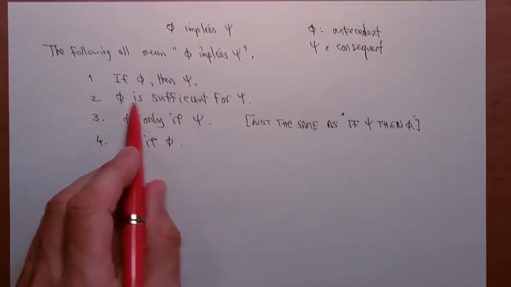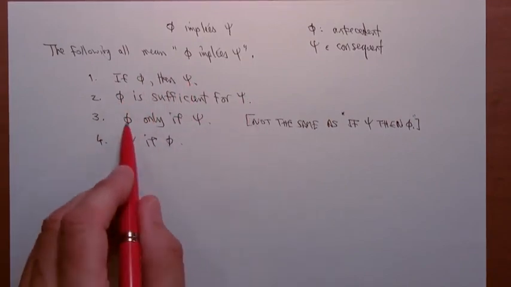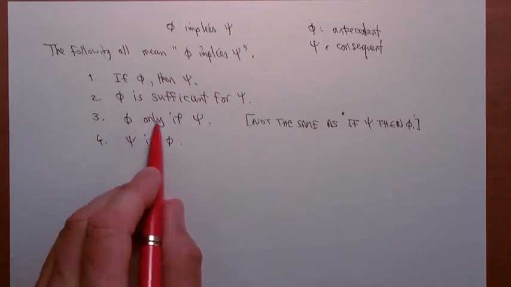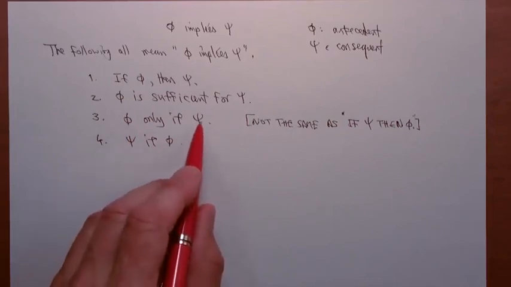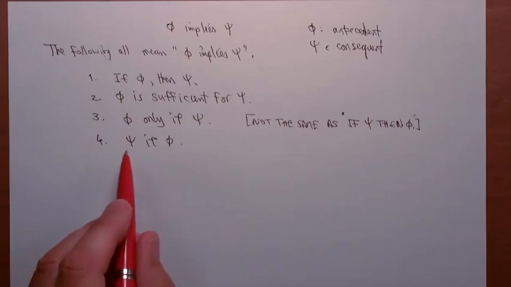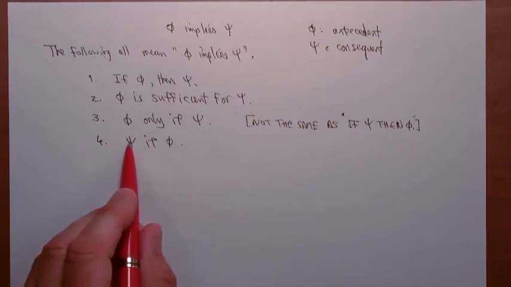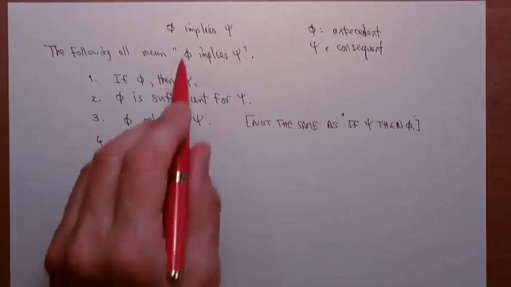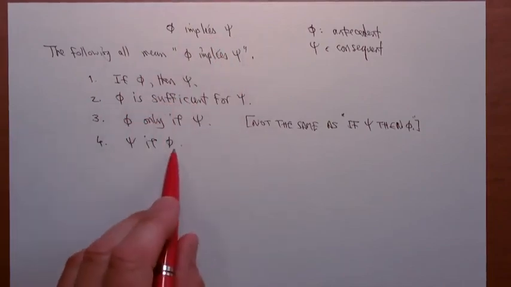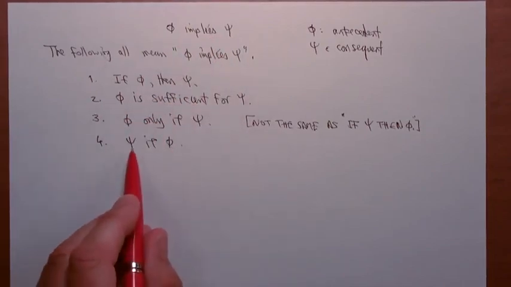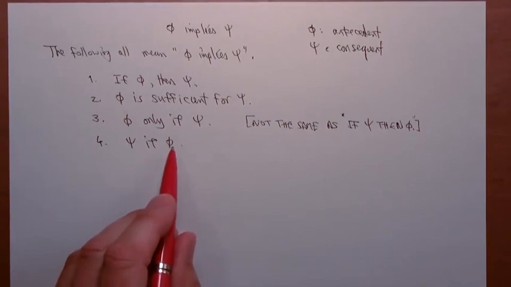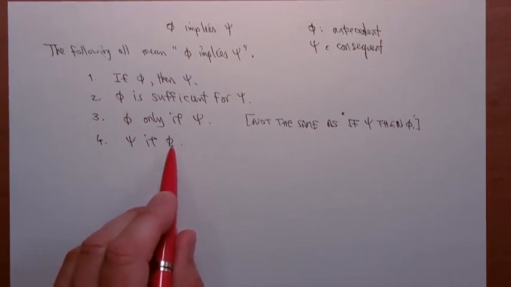Phi is the antecedent, psi is the consequent. They're flipped. Phi is still the antecedent, psi is still the consequent. This still means that phi implies psi. But now the consequent comes first, the antecedent comes second.